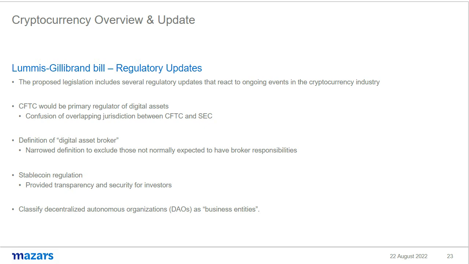So after a lot of pushback from industry, the RFIA now proposes to pull back and narrow the definition of who would be considered a digital asset broker, and this would be more akin to the role of a securities broker. So it gets a lot of people out of reporting requirements that they realistically would not be able to handle.